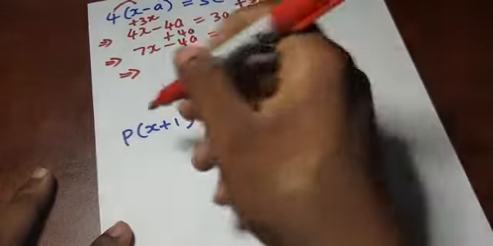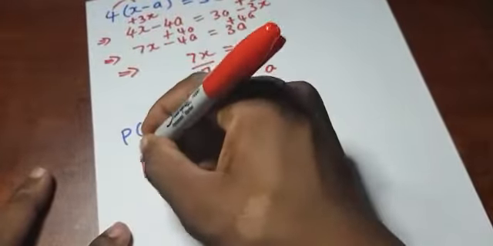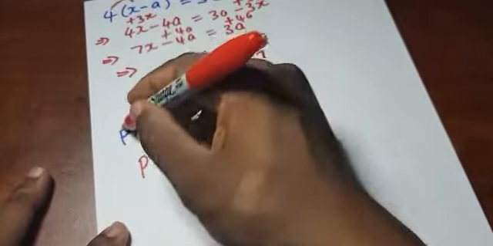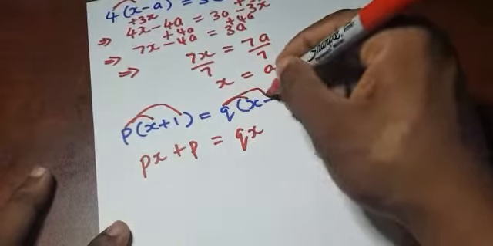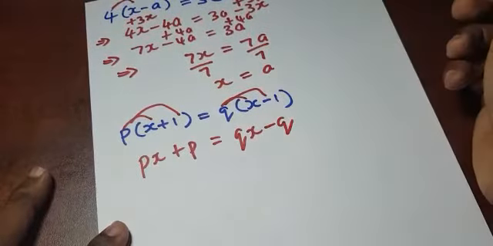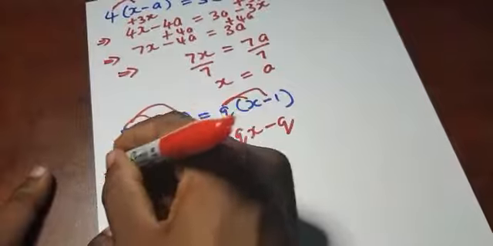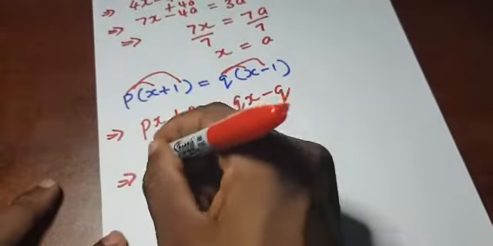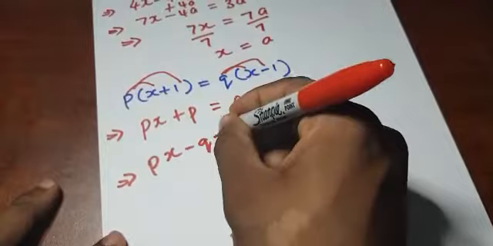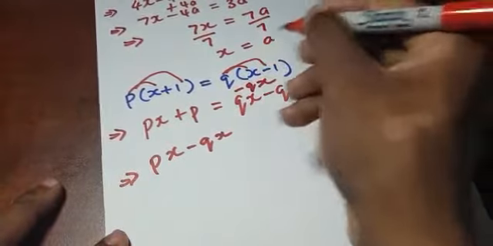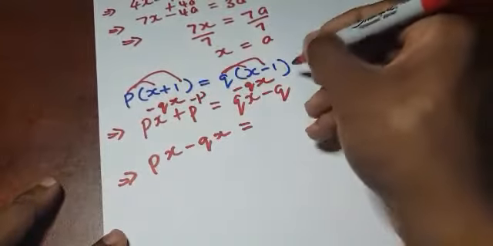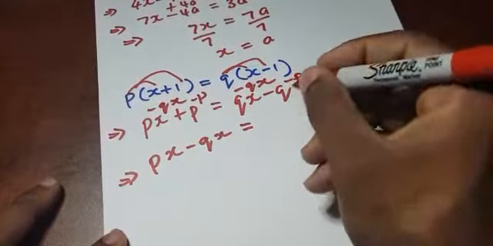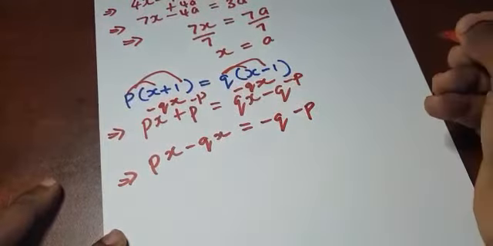So just as before, multiply out, we have px plus p equal to qx minus q. Put the x's together. We have px minus qx, right? Because we minus qx on both sides. And then you could also minus p from both sides. And this gives px minus qx equals minus q minus p.